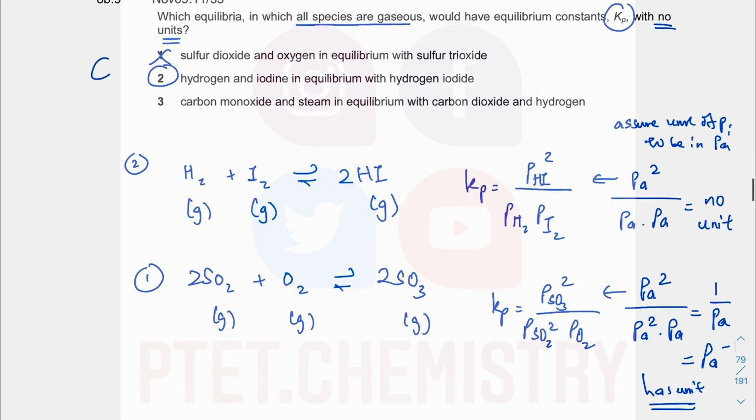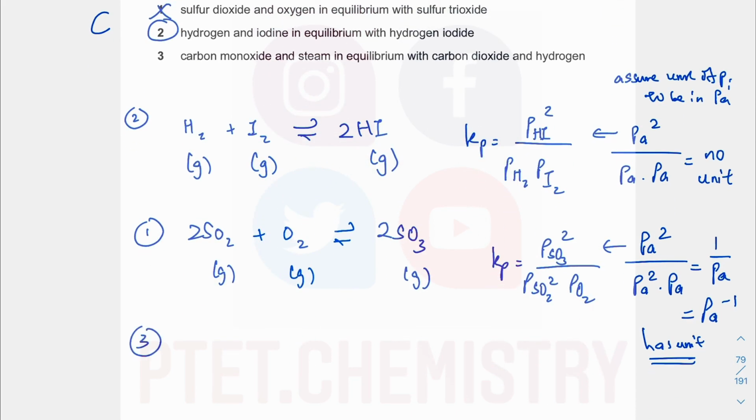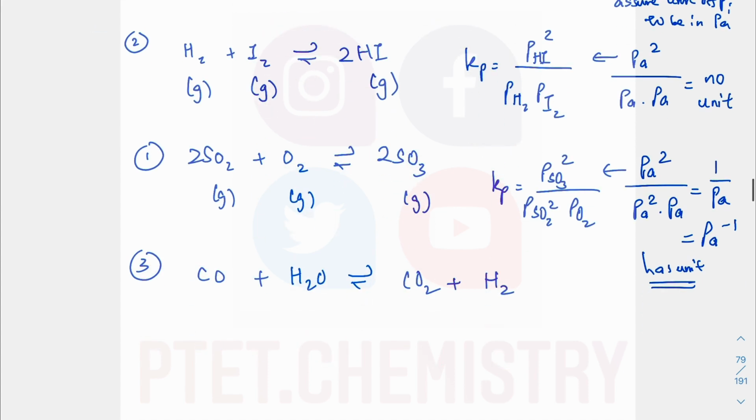But let me just check. Number 3, CO plus steam, giving you CO2 plus hydrogen. The equation is balanced like that, and you can see everything is 1 to 1.